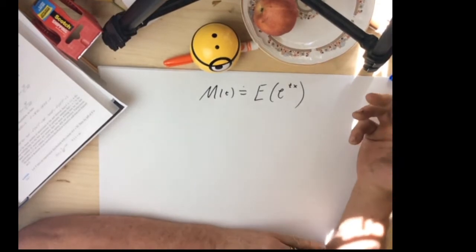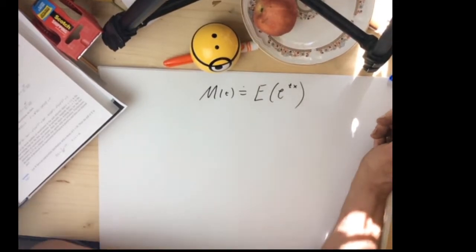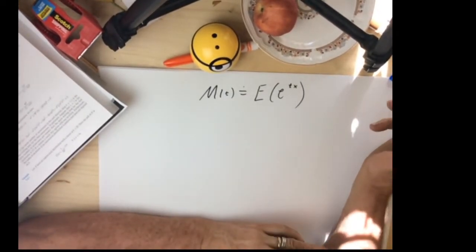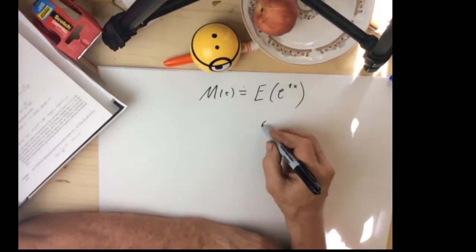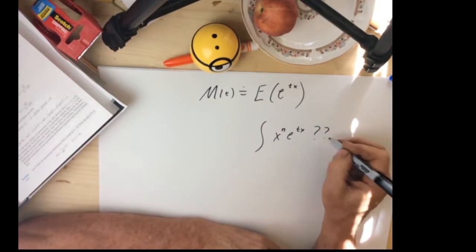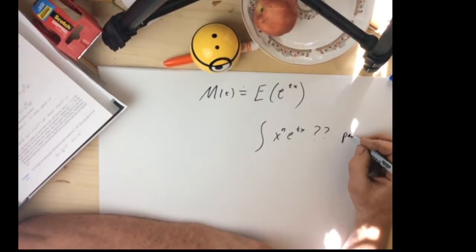And you have to know the interval in which they exist. Now, probably the easiest moment generating function to calculate initially is the moment generating function on some finite support polynomial. It's a question of, can you integrate x to the n e to the tx? Now, you should know that this is a question of parts.